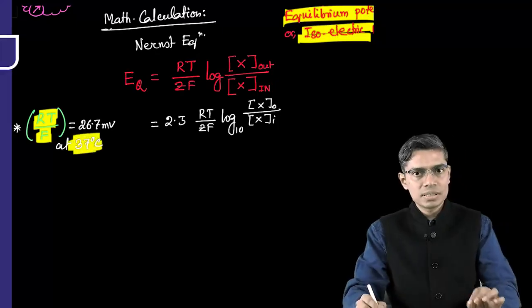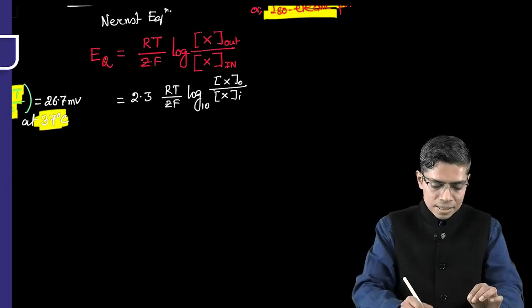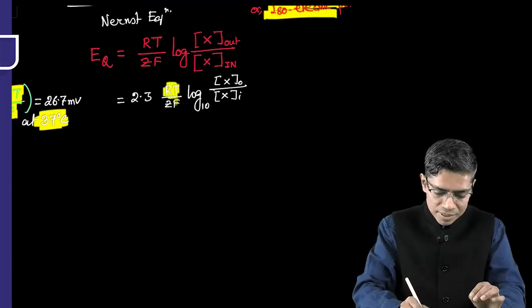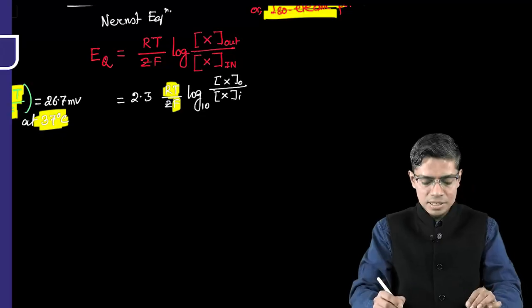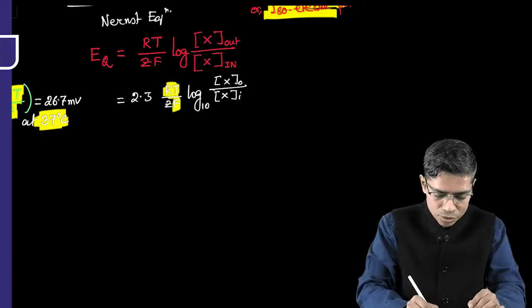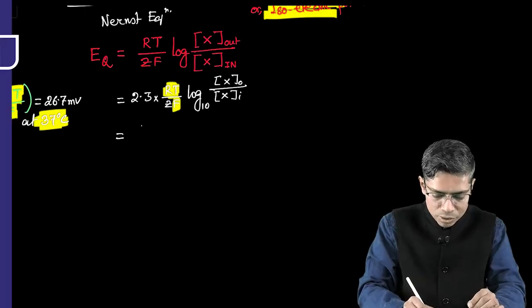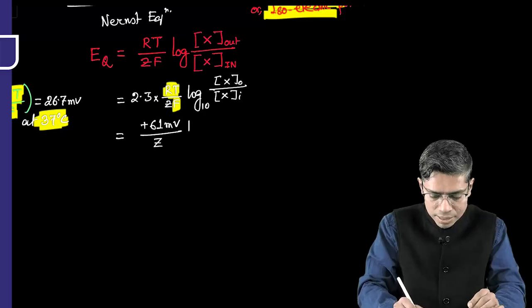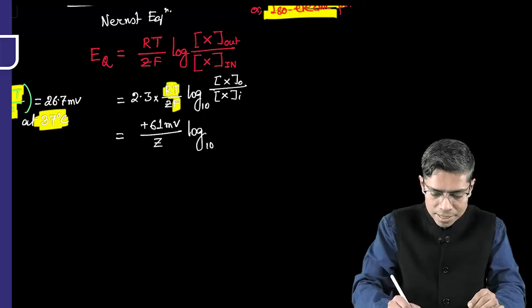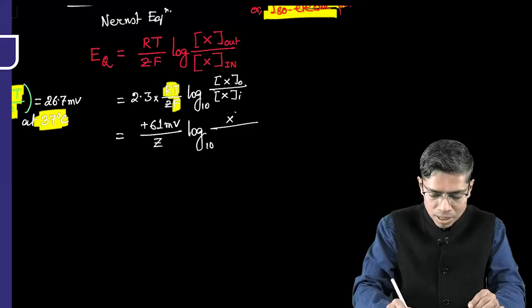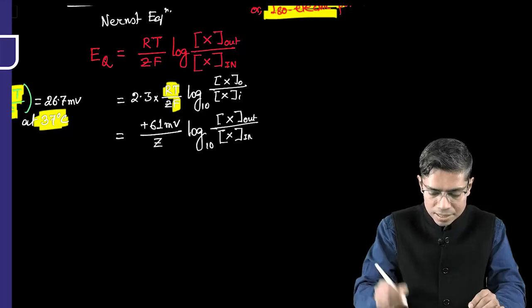So if we consider 37 degree centigrade temperature, then this RT upon F has a value of 26.7. If I multiply this 26.7 with this 2.3, this will be plus 61 millivolt upon Z, then log base 10 concentration of the ion X outside, and concentration of the ion X inside the cell.